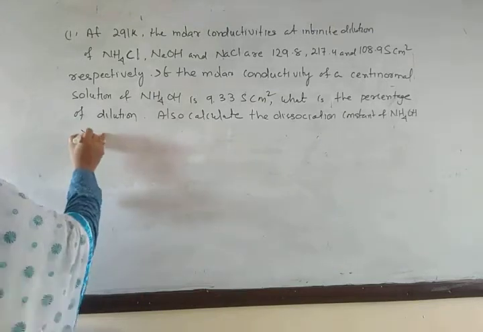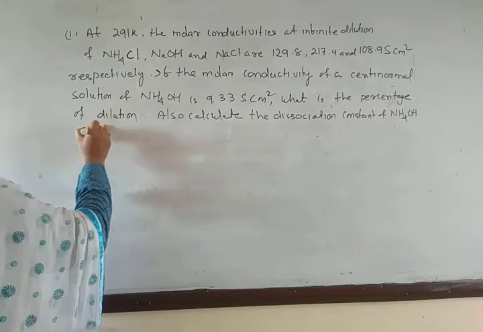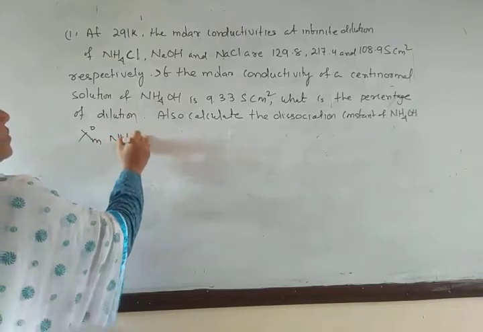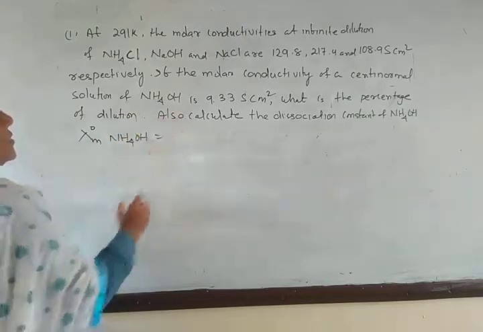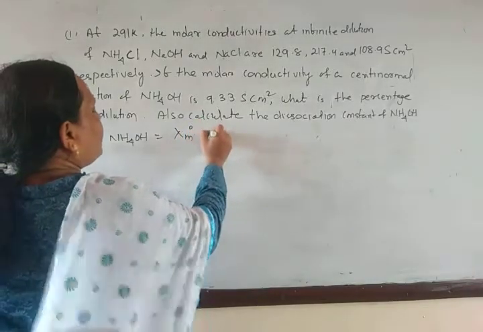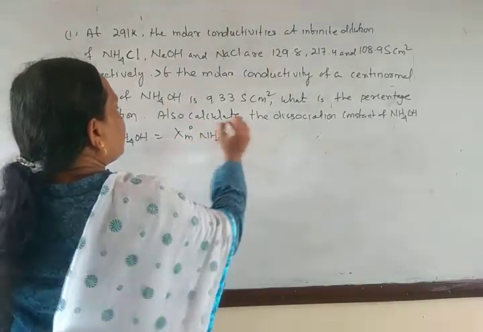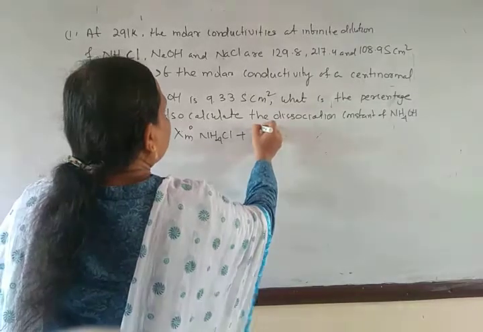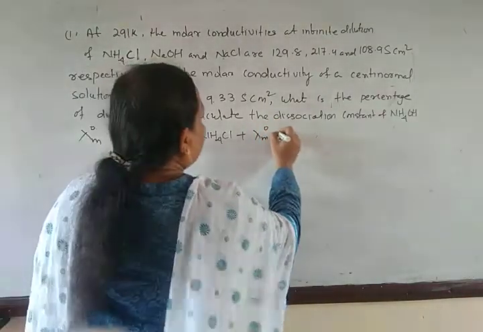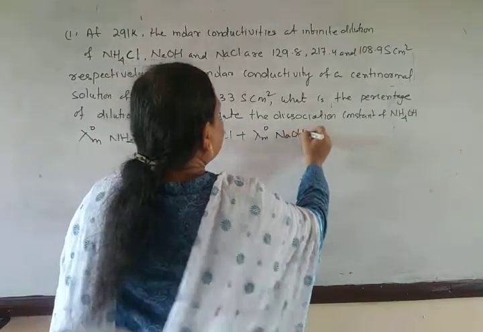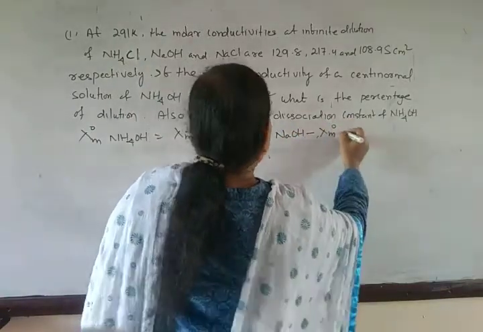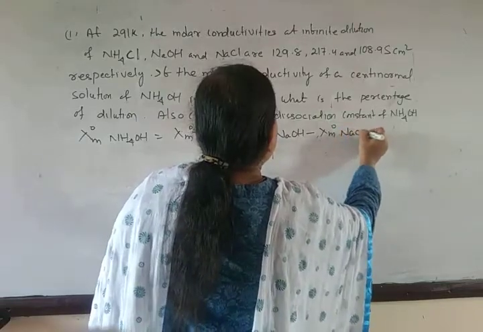So first, lambda m naught of NH4OH is equal to lambda m naught of NH4Cl plus lambda m naught of NaOH minus lambda m naught of NaCl.